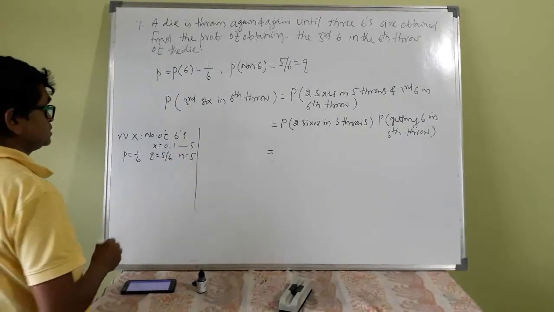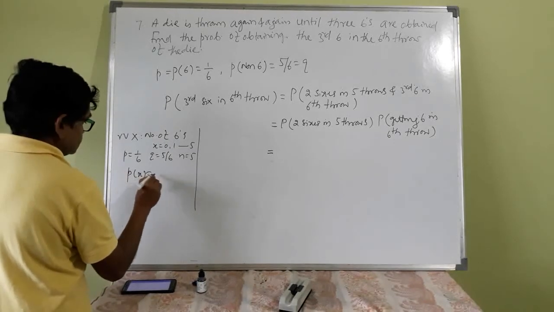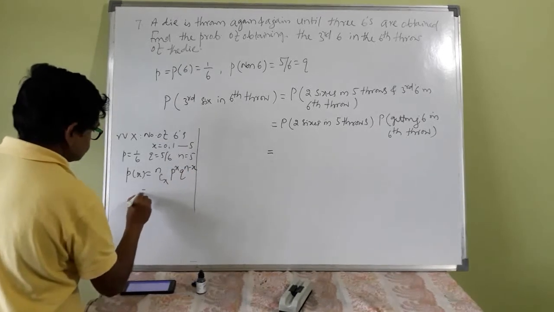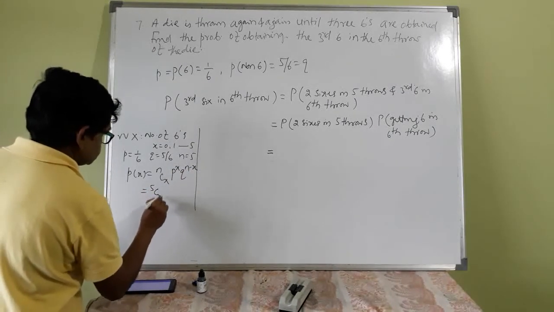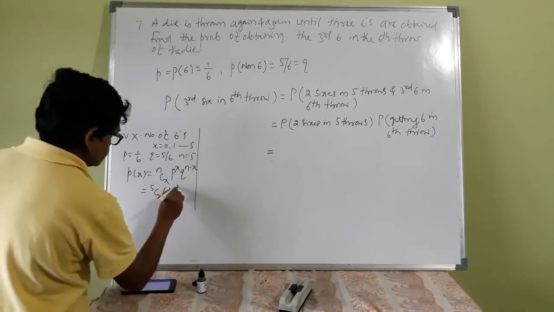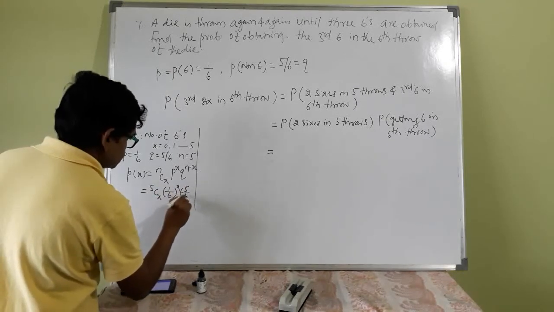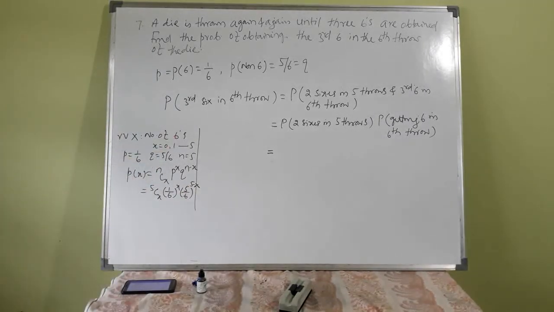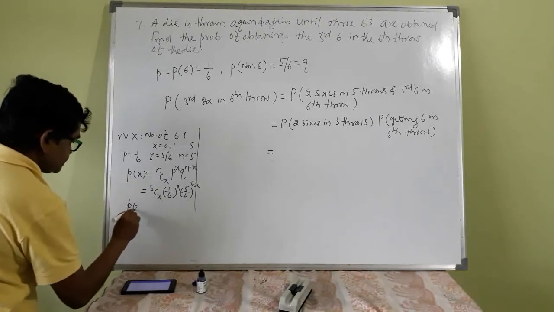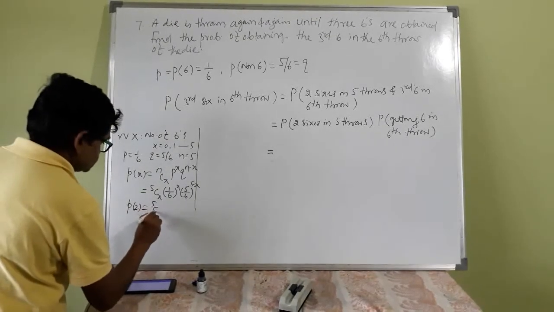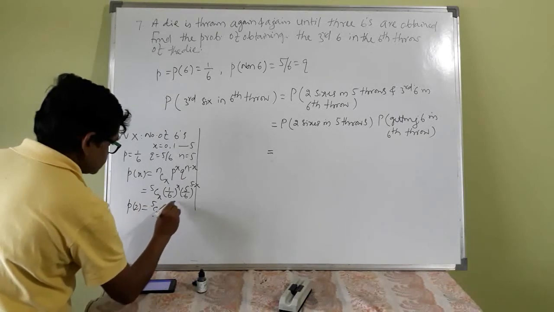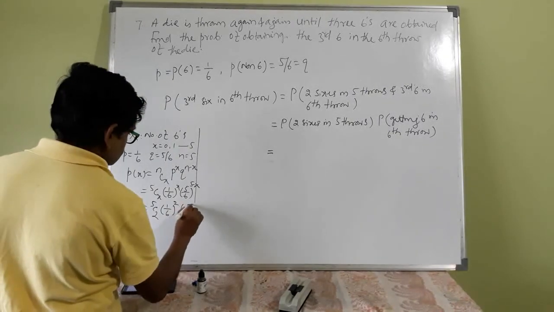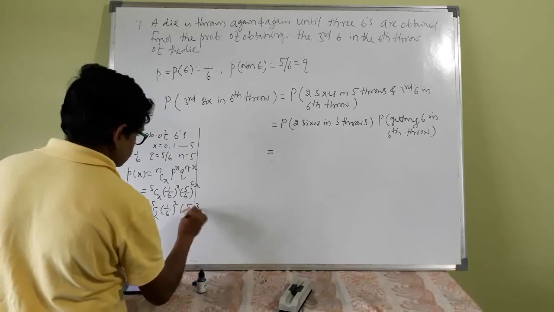So P(x) is nCx p raised to x q raised to n minus x, that is 5Cx 1 by 6 raised to x, 5 by 6 raised to 5 minus x. Okay, that you have to write here. Therefore P(2) is equal to 5C2 1 by 6 raised to 2 and 5 by 6 raised to 3.